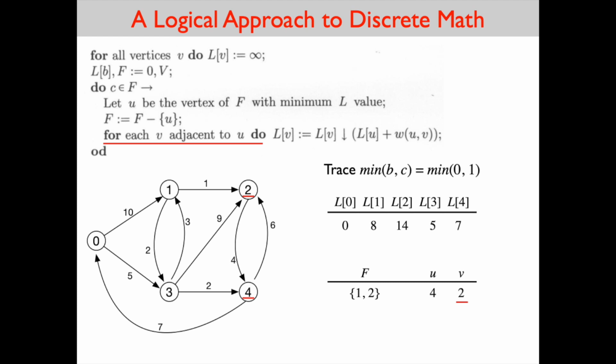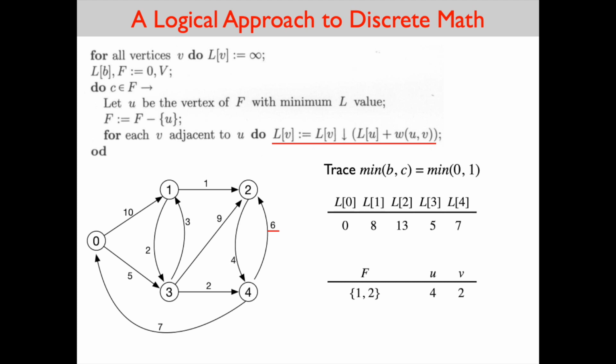Now, if we go from 0 to 3 to 4 to 2, then that cost will be 5 plus 2 plus 6, which is 13. Whereas before, when we went from 0 to 3 to 2 directly, that was 5 plus 9, which is 14. But 13 is less than 14. So what's happening here, as shown in this slide, is that we have a new minimum. You see, the new minimum of L sub 2 is 13 because we have discovered a shorter path between vertex 0 and vertex 2.